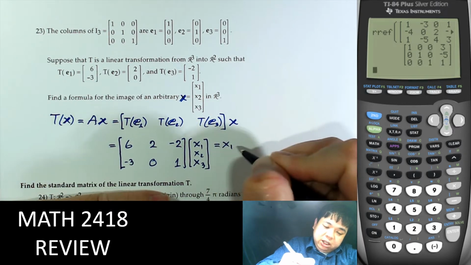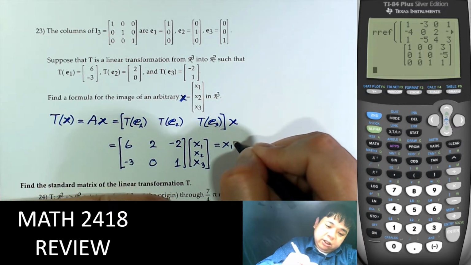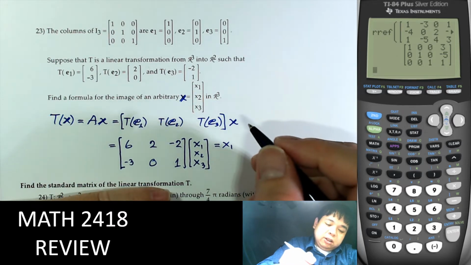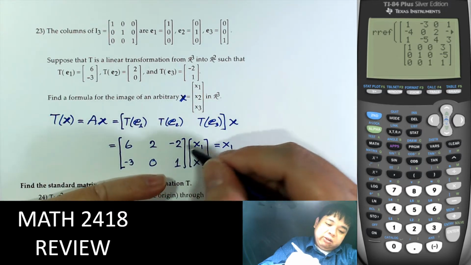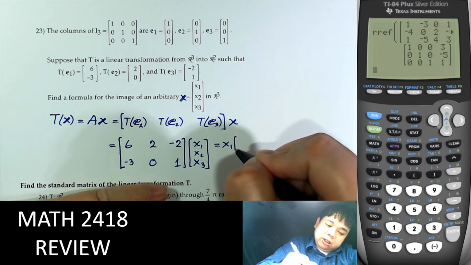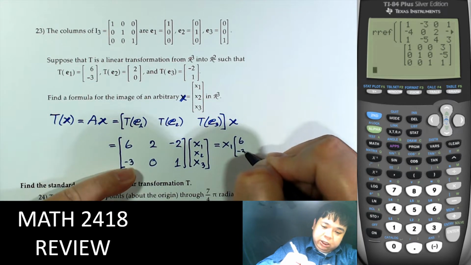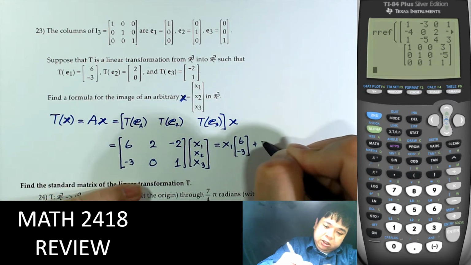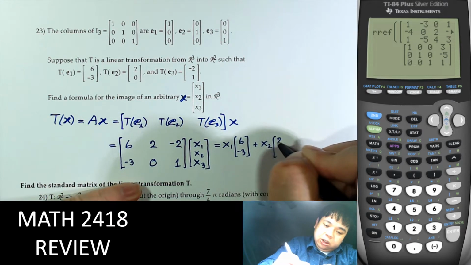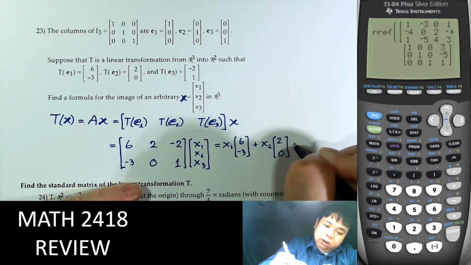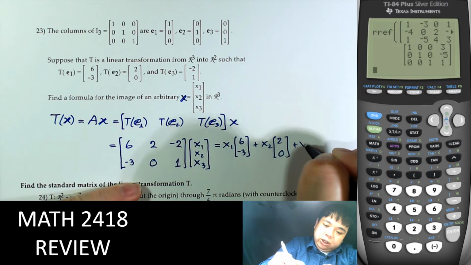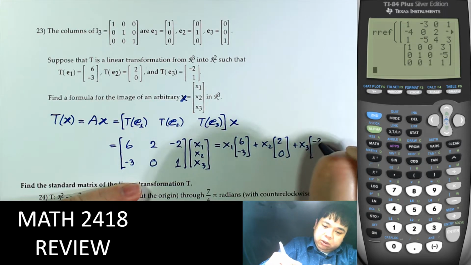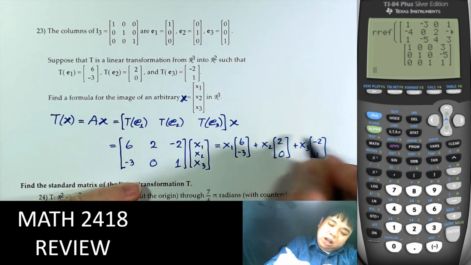We can put this in the matrix form or the vector form. In the vector form, we have x1 times (6, -3), plus x2 times (2, 0), plus x3 times (-2, 1). So that is the vector form.